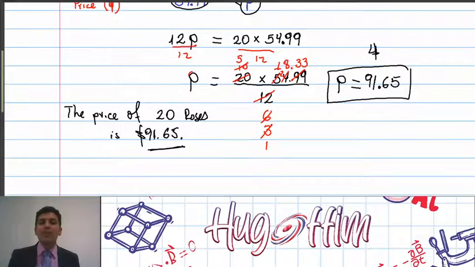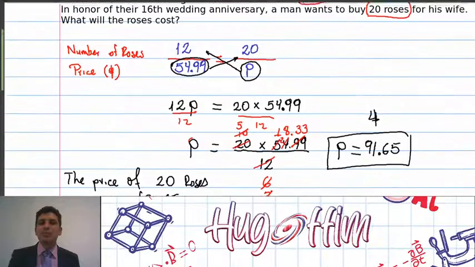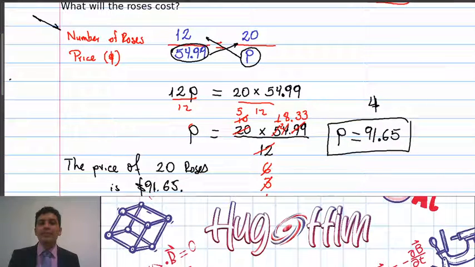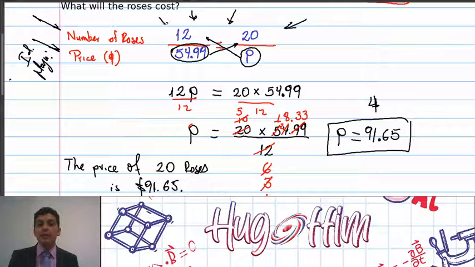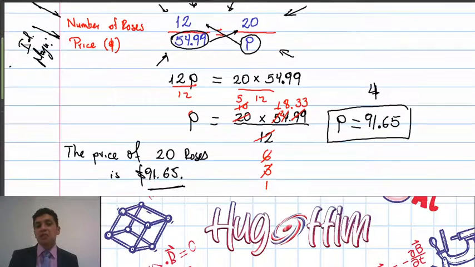So what we did in this problem: first we identified the magnitudes, then we organized our information in the table to formulate the proportion, and solved the proportion, in this case by using cross product.